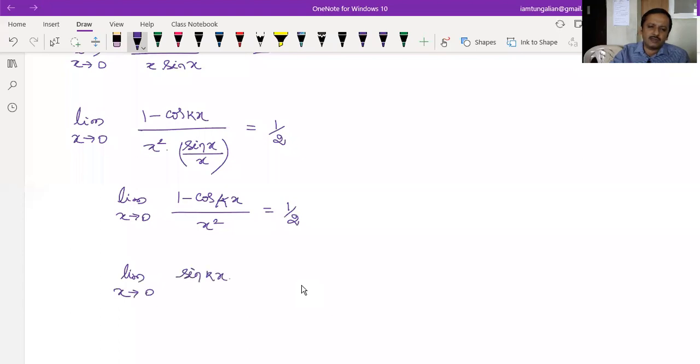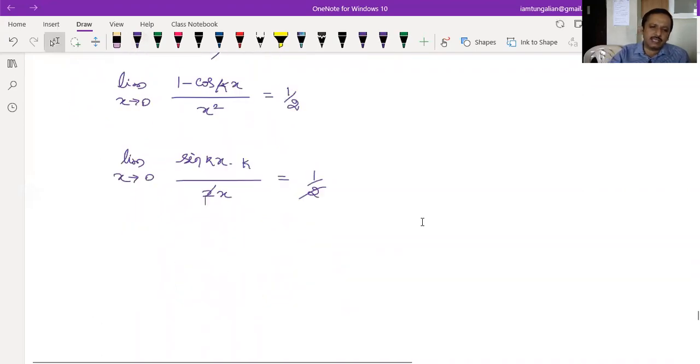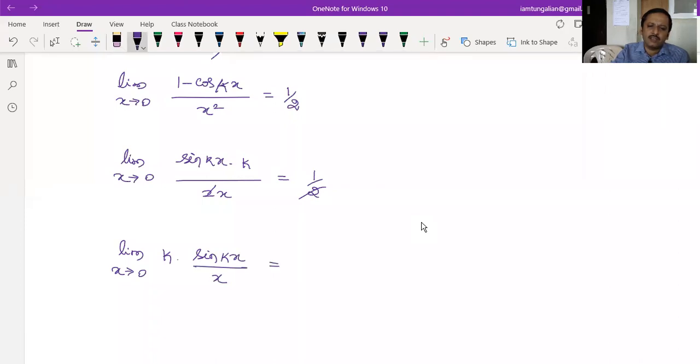Sin kx into k divided by 2x is equal to 1 by 2. 2 gets cancelled. So limit x tends to 0, sin kx by x will be equal to k. You have limit x tends to 0, k into sin kx by kx, which is 1, equal to 1.